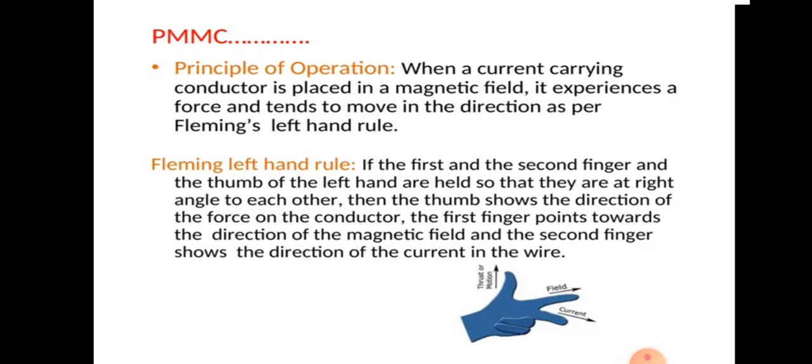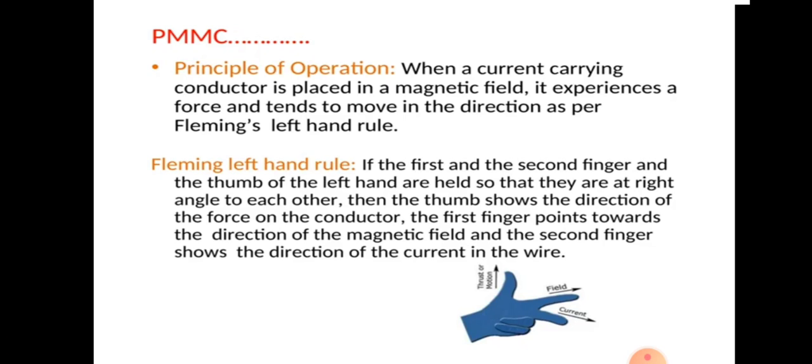So for this purpose we should know what Fleming's left hand rule is. From the diagram here we can see the left hand, in which if we place the three fingers at 90 degrees to each other, then the thumb will show the direction of the conductor's movement, the first finger will show the field and the second finger will show the current. Let us see this rule in detail.